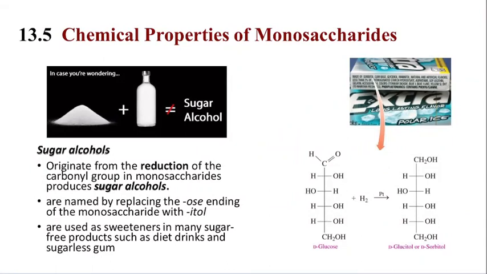How are sugar alcohols produced? As you can see in the first bullet point, sugar alcohols are actually synthesized by doing the reduction of a particular monosaccharide. You can also do it on disaccharides, okay?